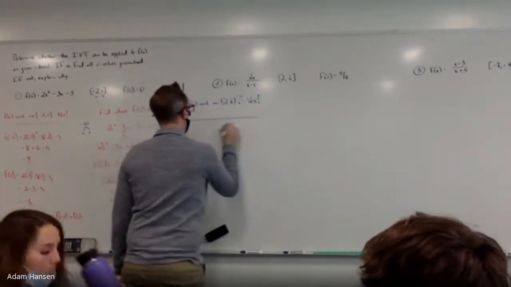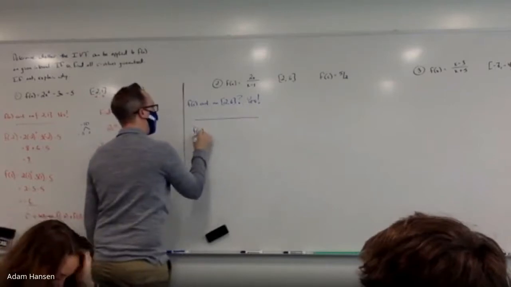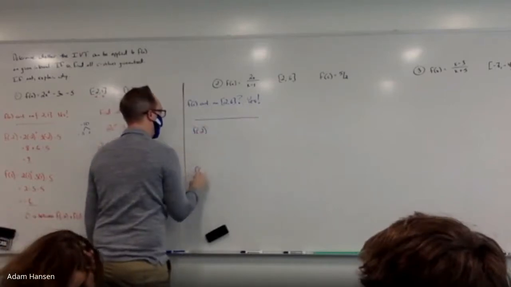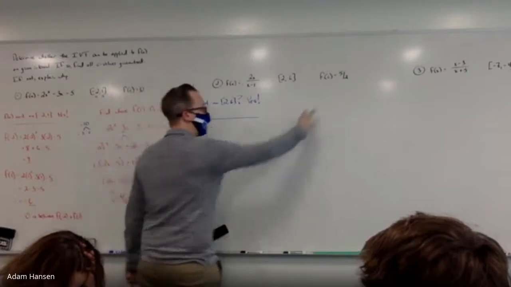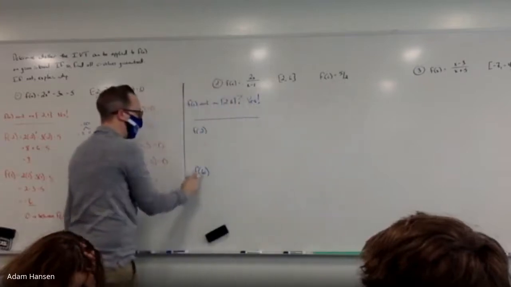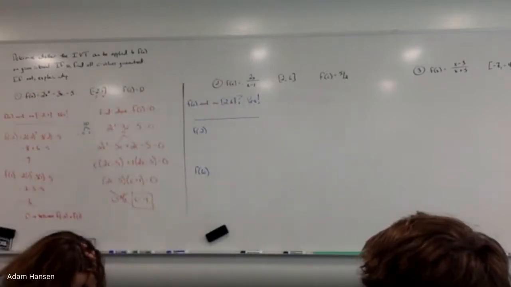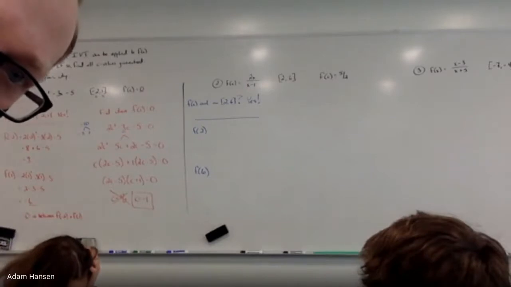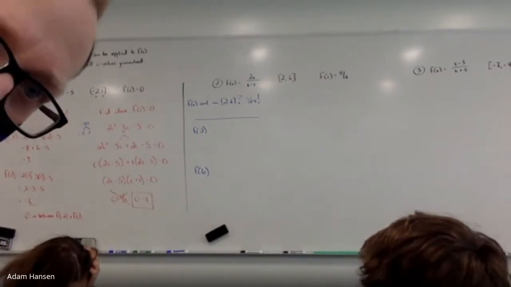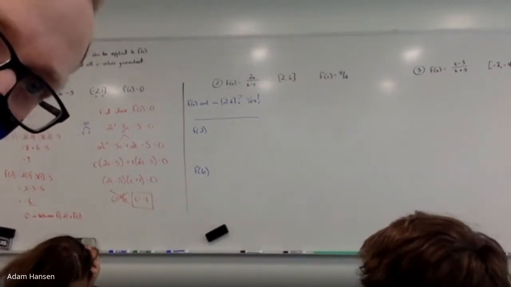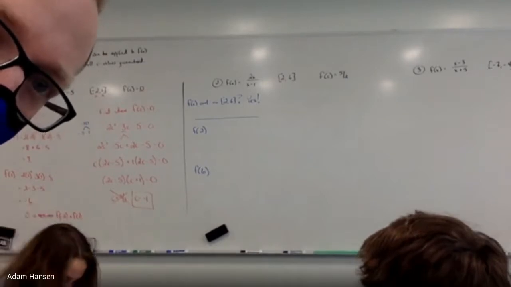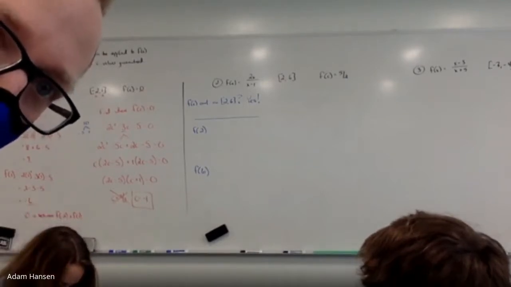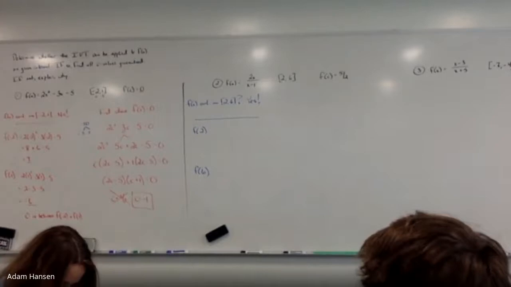Okay. Now let's figure out what f of 2 and f of 6 are, because I have to know that 5 halves is between f of 2 and f of 6. Since this is the intermediate value theorem, I have to position this n value to be in the right spot, between those two outputs.